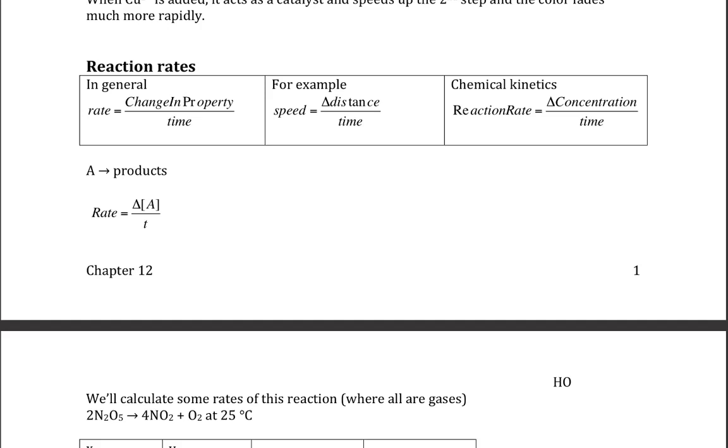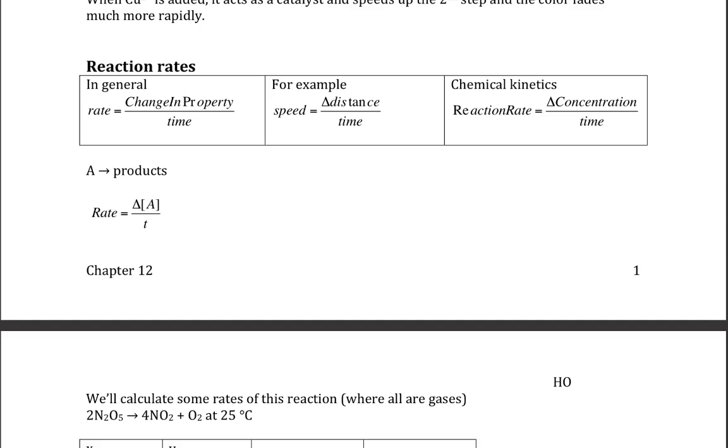We often indicate change with the symbol delta. Delta would be the final quantity minus the initial quantity. So in speed, it would be the final location minus the initial location, the difference being the distance.